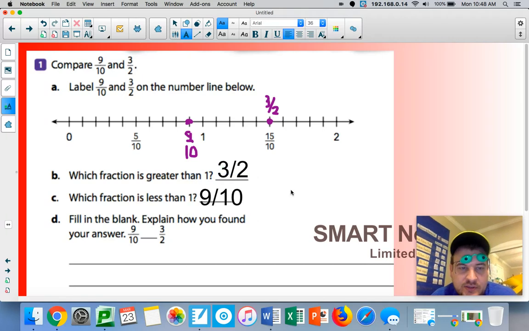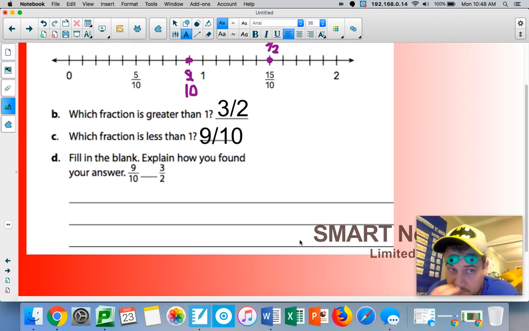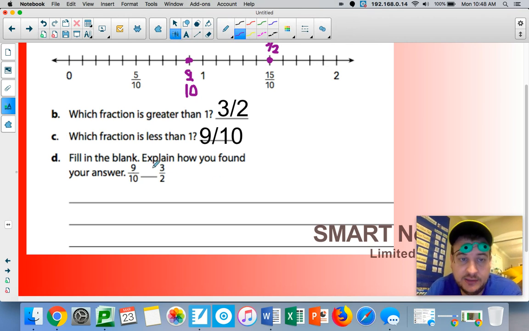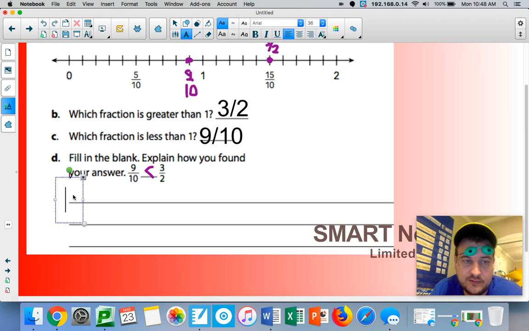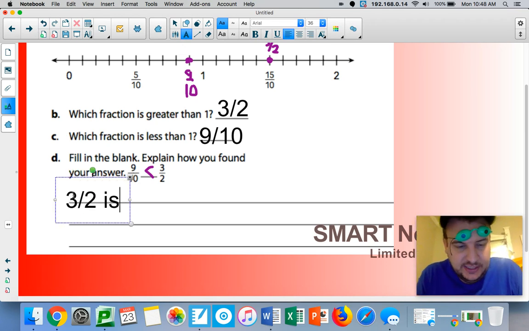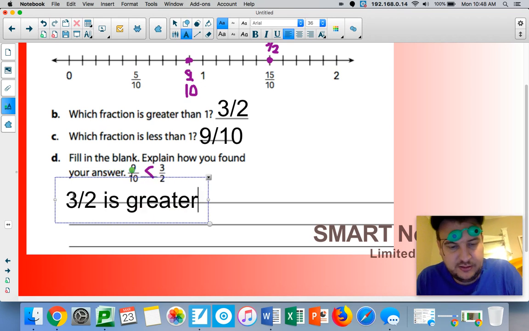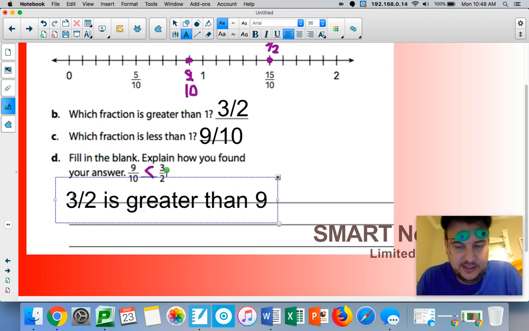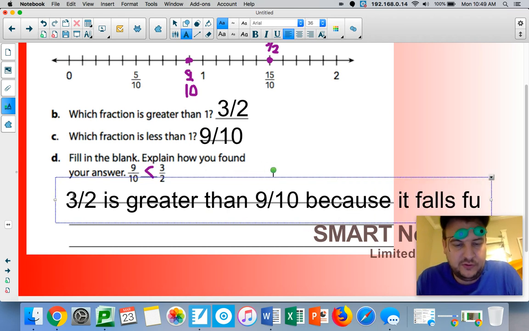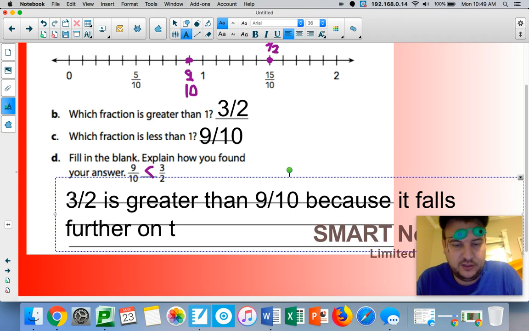Fill in the blank to explain how you found your answer. 3/2 is greater than 9/10 because it falls further on the number line.